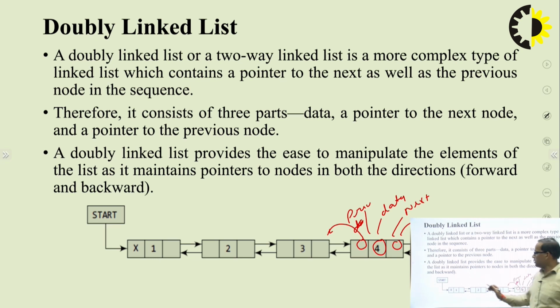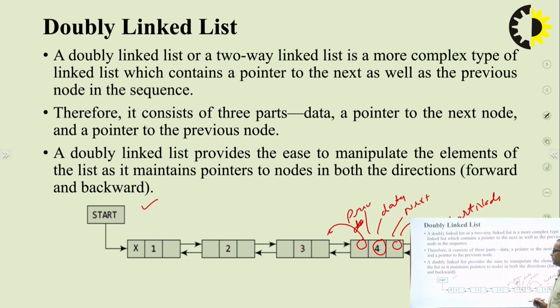Again, start is a pointer variable which contains the address of the first node of the linked list, from where the linked list is going to start. Since this is the last node of the linked list, in the next field of the last node there will be null.